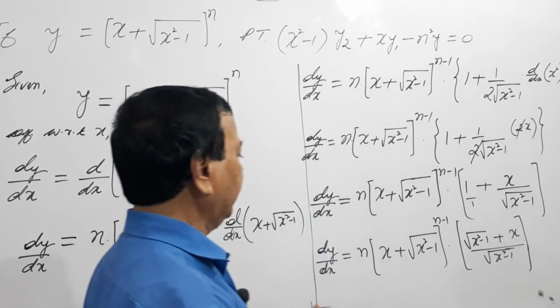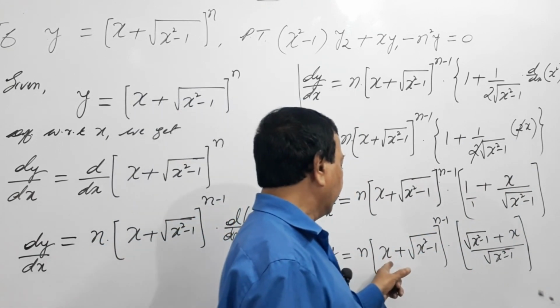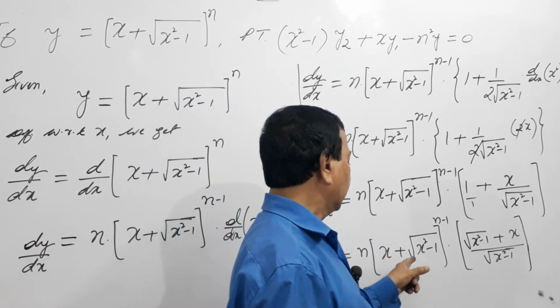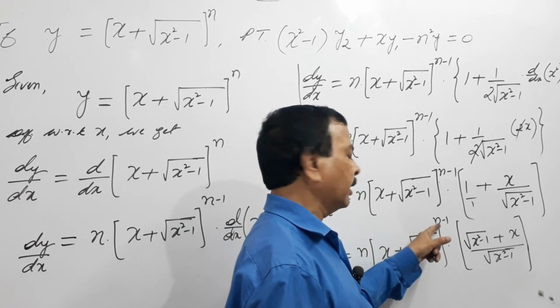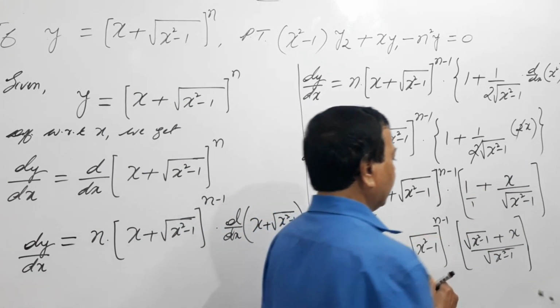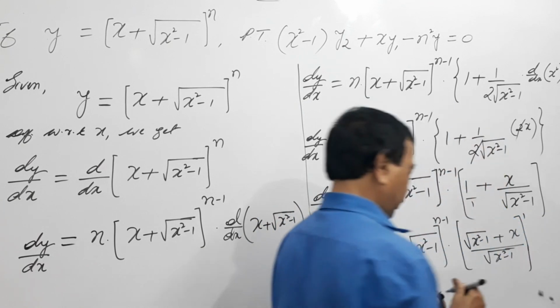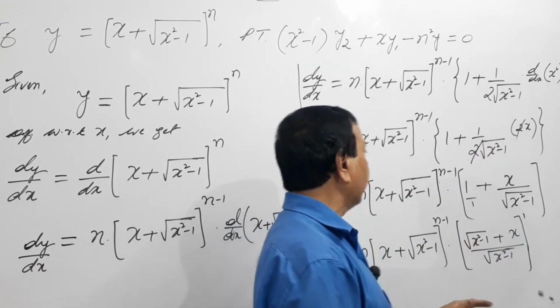So what do you find here? See, in the numerator, x plus under the root x square minus 1 into n minus 1, I will take this to the power 1. So here also we will rewrite this.